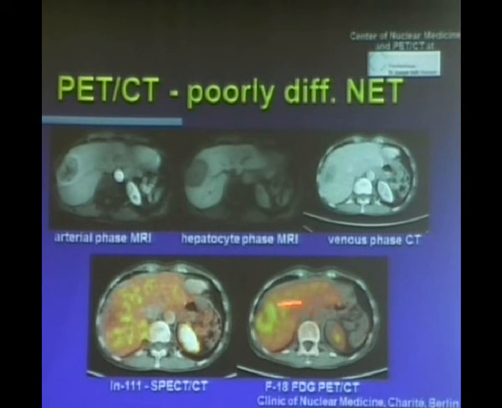We saw a high uptake of FDG, so we could conclude that this is a poorly differentiated NET, and this has influence on the therapeutic approach, meaning we cannot perform the radiopeptide therapy or a cold octreotide therapy. We have to think about chemotherapy or something else.